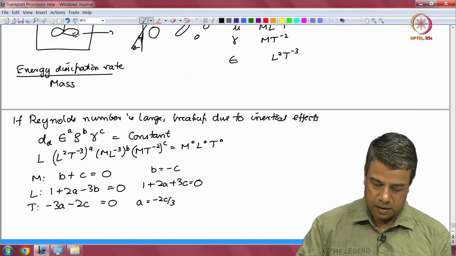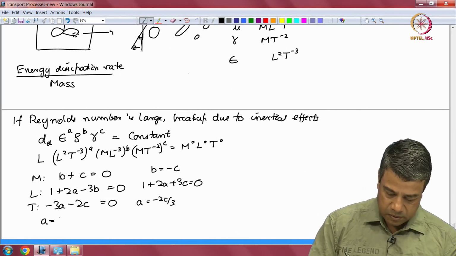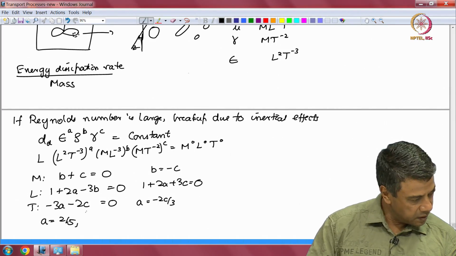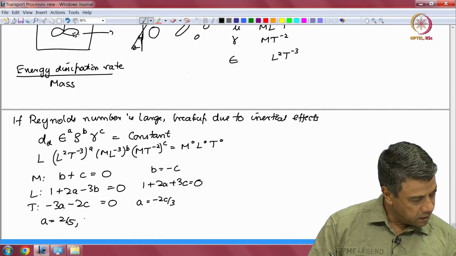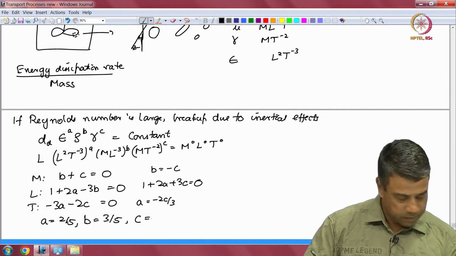And ultimately, if you solve all of these equations, you will get A is equal to 2 by 5, B is equal to 3 by 5, C is equal to minus 3 by 5.